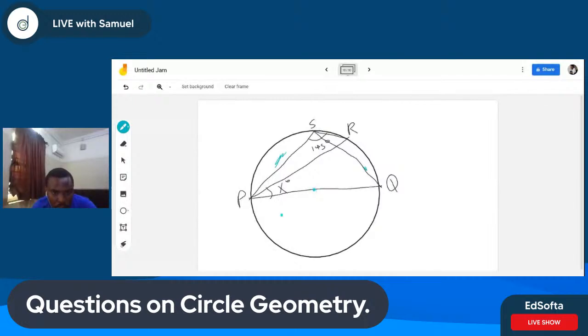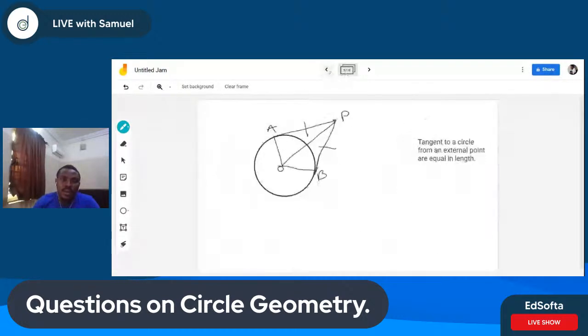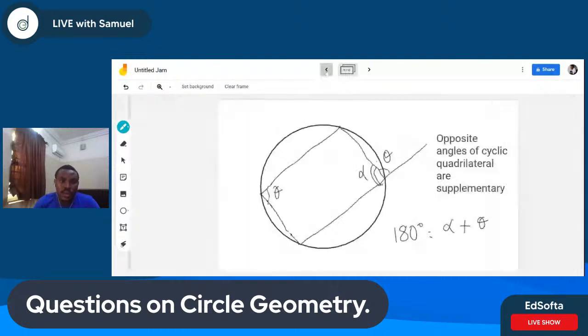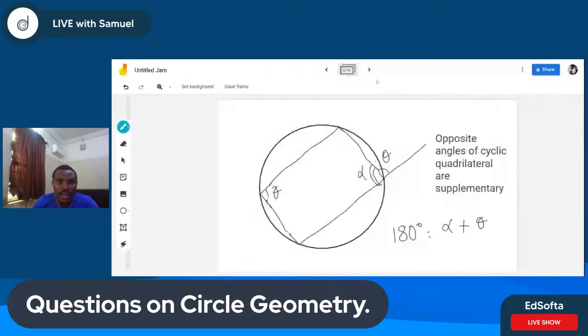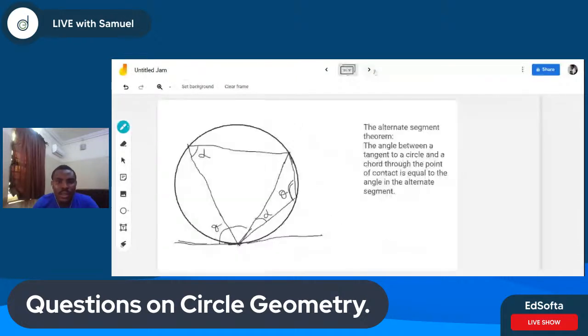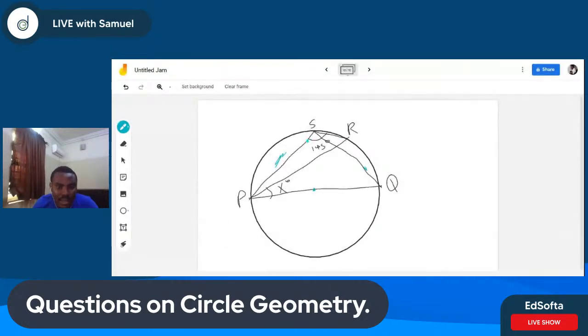What it means is that this angle is on the center of the circle. And what does our theorem tell us about situations like that? Your theorem tells you that the angle in a semicircle is what? 90 degrees. So what it means in essence is that this is 90 degrees.